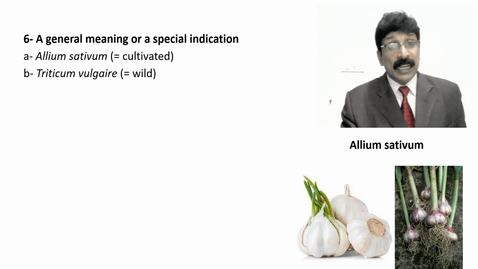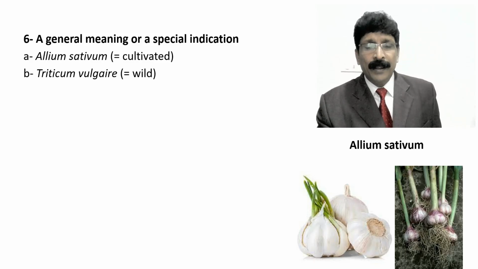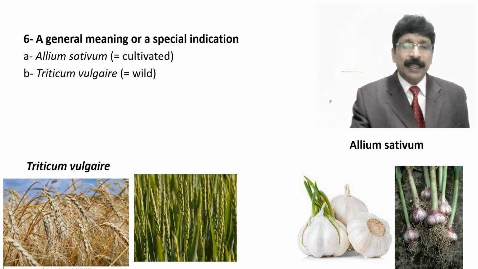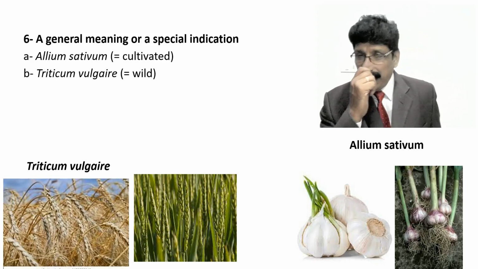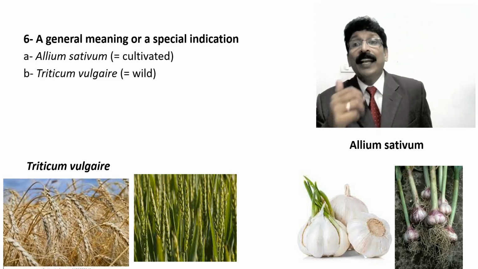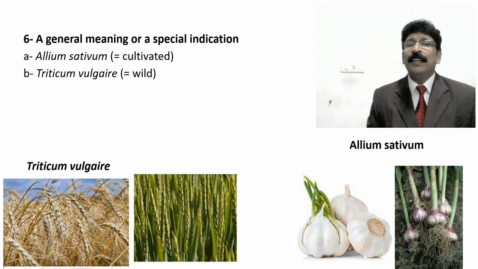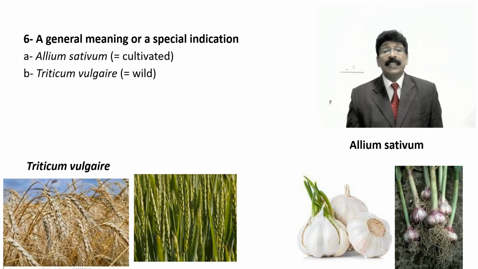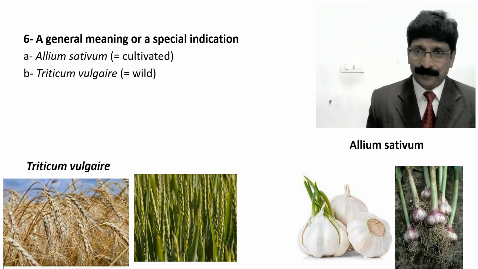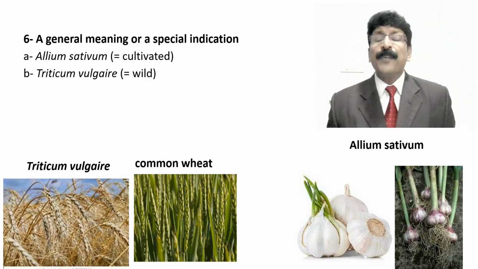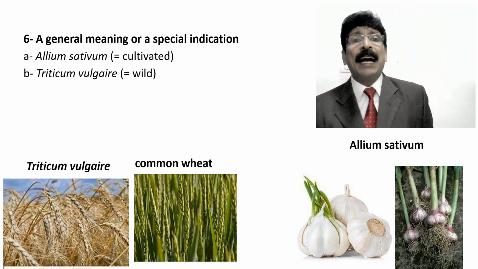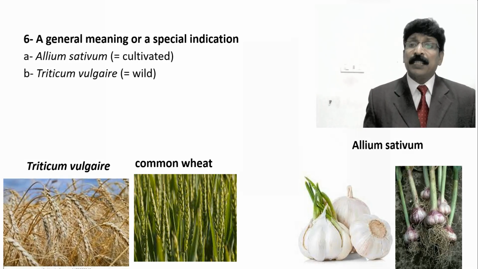Vulgare means wild. Wheat is also cultivated, but usually wheat is seen in the wild field, identified there. That's why the name Triticum vulgare is given. So this is common wheat, an example for specific indication, whether cultivated or wild.